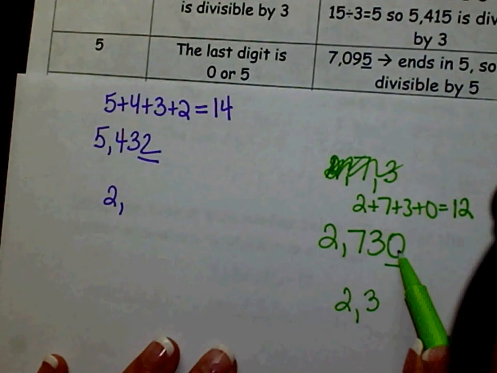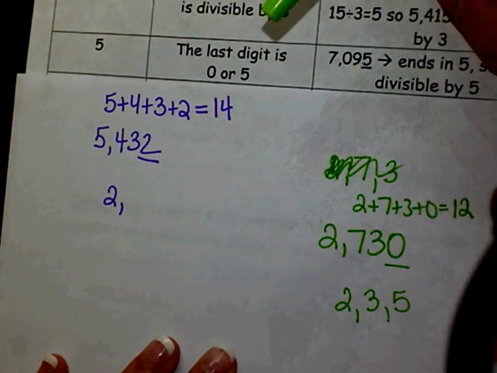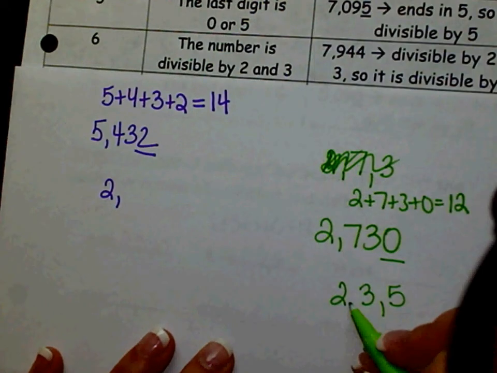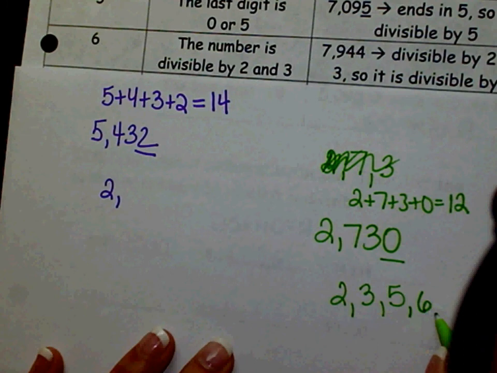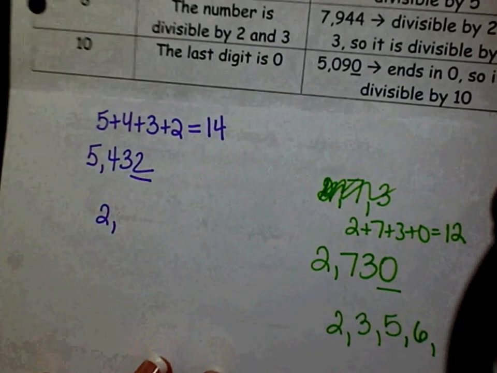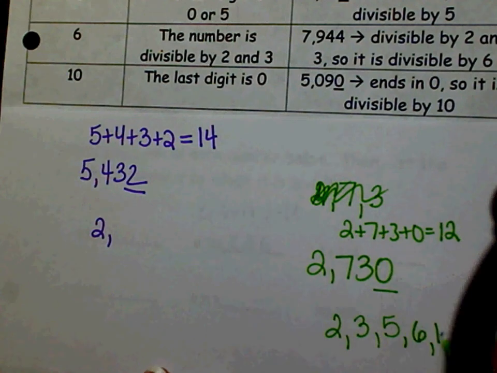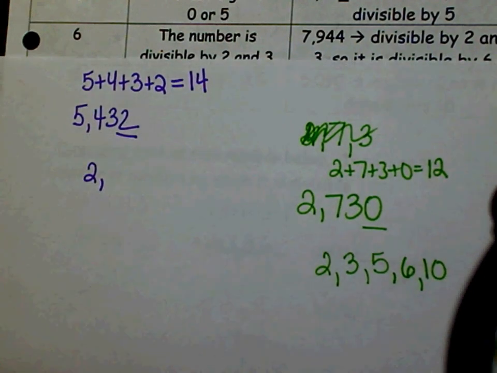It is a 0, so it's divisible by 5. 6 says the number is divisible by 2 and 3. Yes, we have a 2 and a 3. That means we also can have a 6. And then 10 says the last digit is a 0. It is, so this is also divisible by 10. 2,730 was divisible by 2, 3, 5, 6, and 10.